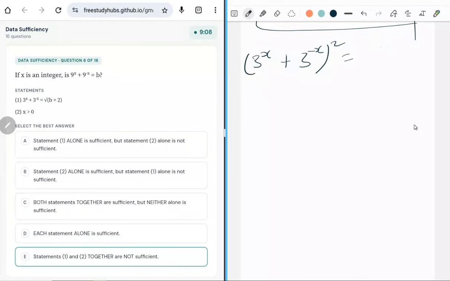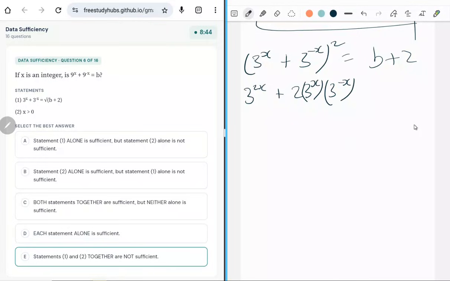Now there is b plus 2. Remember, if we square this, what we are going to get is 3. This 2 is coming here, so this becomes 2s plus the middle one, which will be 2 times 3 to the 2, this and this.